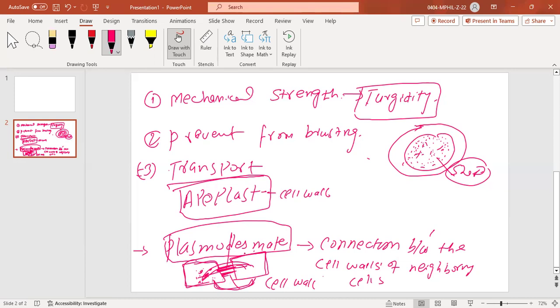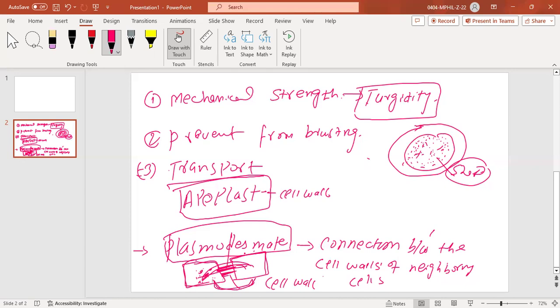Now we can summarize the functions of the cell wall. The first function is that it provides mechanical strength. It prevents the cell from bursting. And it helps the cells have a route, that is the apoplast. Yes sir, apoplast is the major transport route.